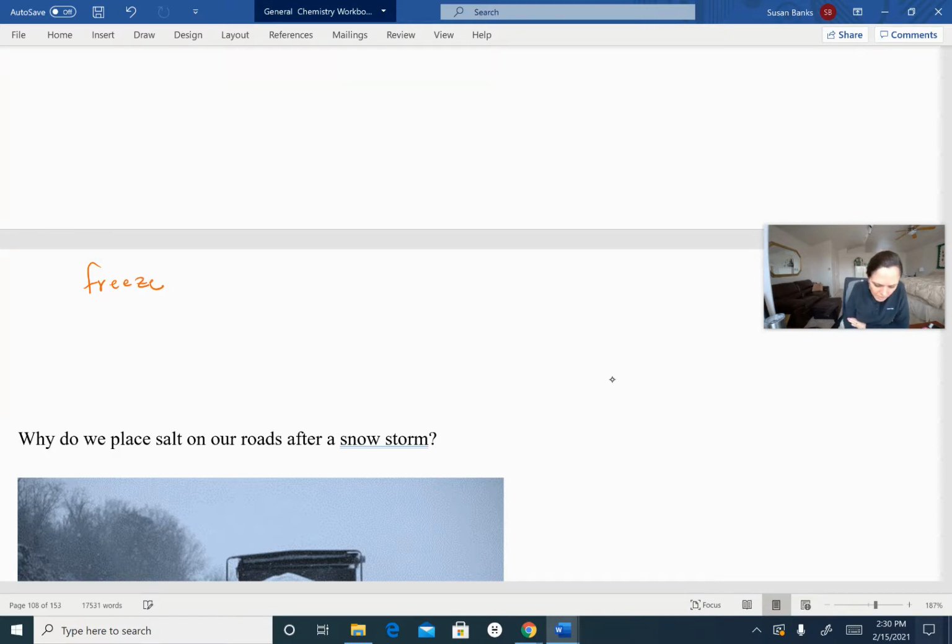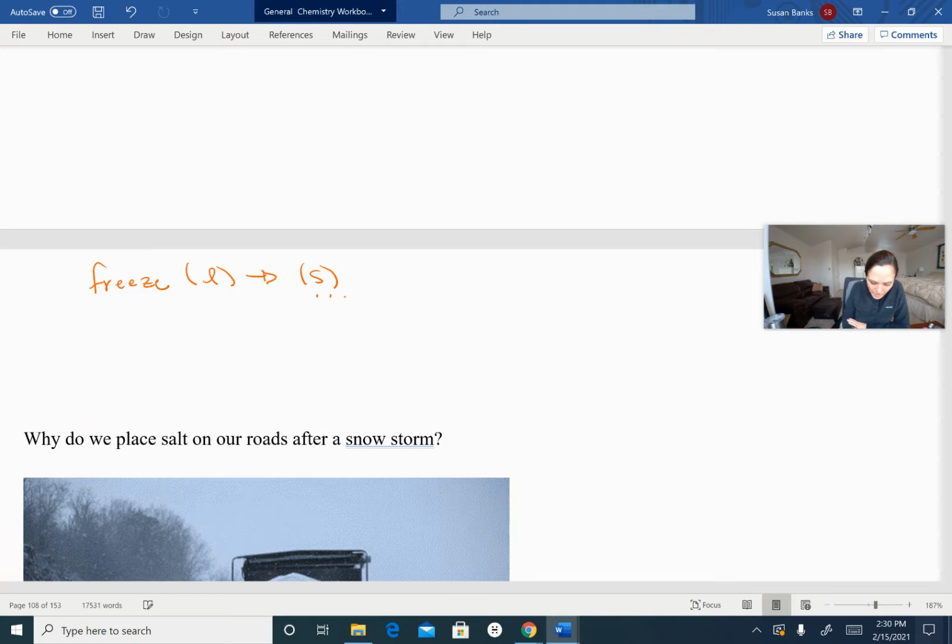I'm trying to go from the liquid state to the solid state. Now, if you remember from your 8th grade science class, in the solid state, the molecules are in nice little rows. They're in a crystalline form. And if I want to get those molecules nice and lined up and able to be attracted to each other, they've got to get next to each other in a nice, perfect pattern.